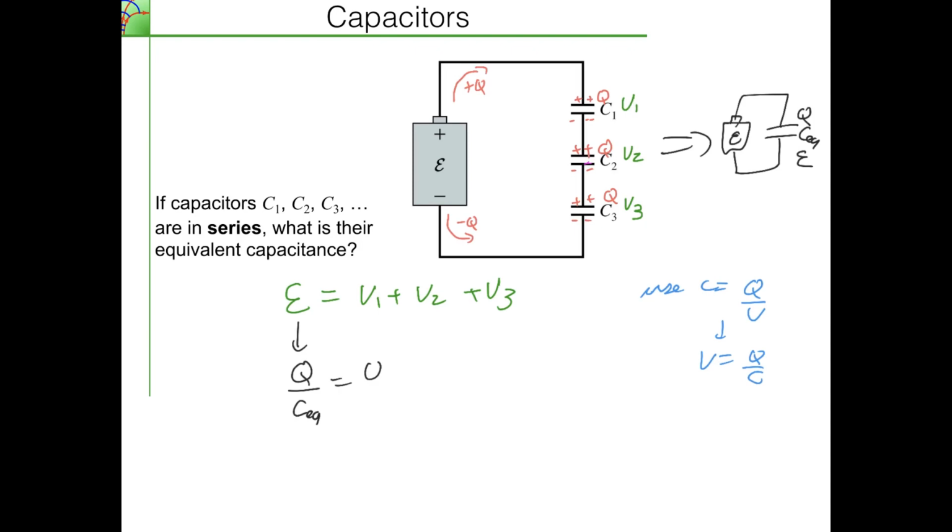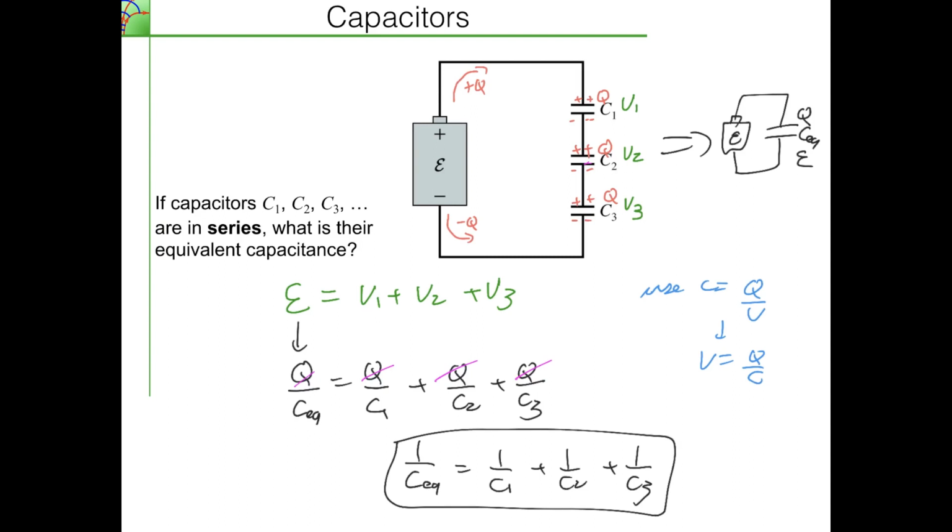And then V1 becomes Q over C1, and V2 becomes Q over C2, and V3 becomes Q over C3. The charges all cancel out there, and we get our final equation: 1 over C equivalent is equal to 1 over C1 plus 1 over C2 plus 1 over C3.